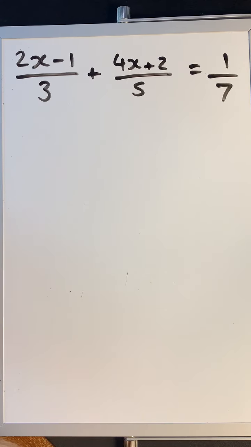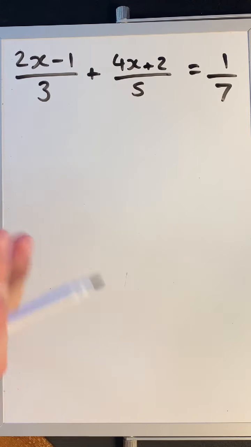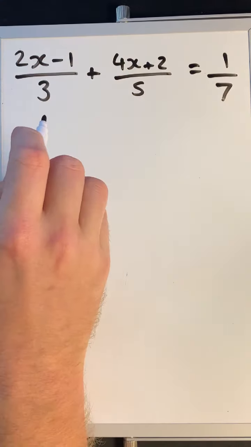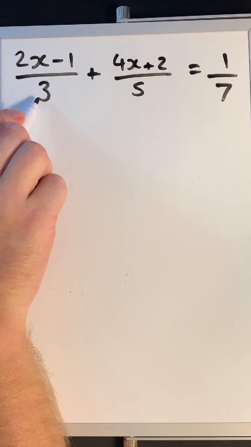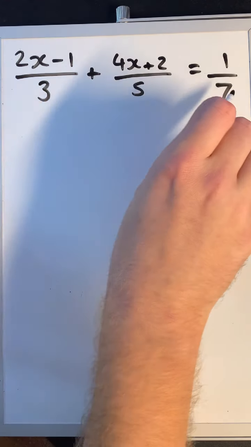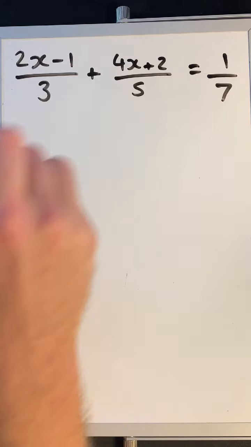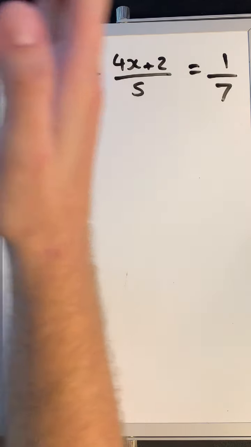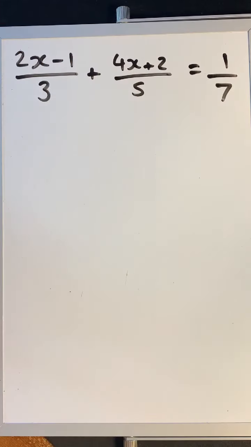So how could we get around this, and how could we get rid of these numbers by multiplying each term by a number? Now, if we multiplied each of these terms by a number that this went into, this went into, and this went into, of course they'd all cancel off, wouldn't they? Yeah, they cancel off with whatever number we are multiplying each term by.